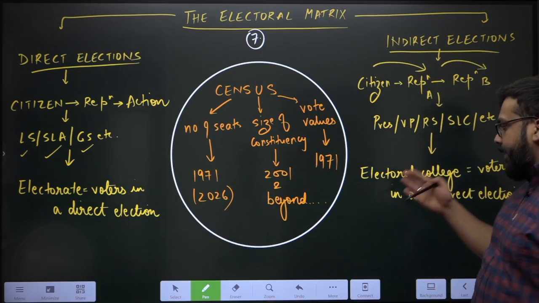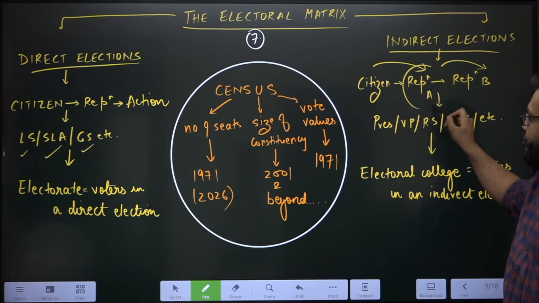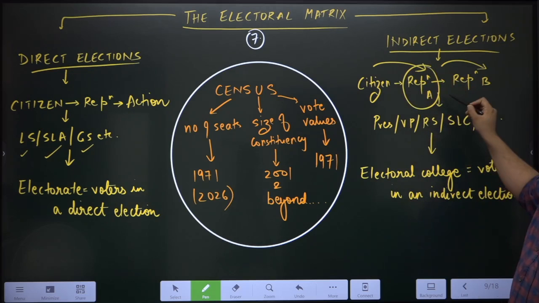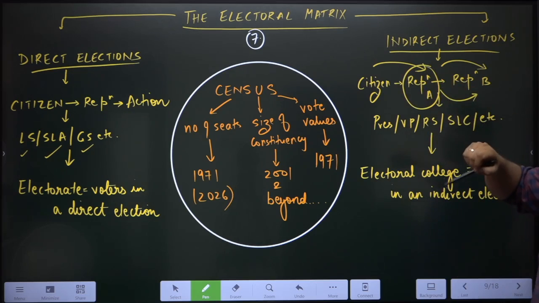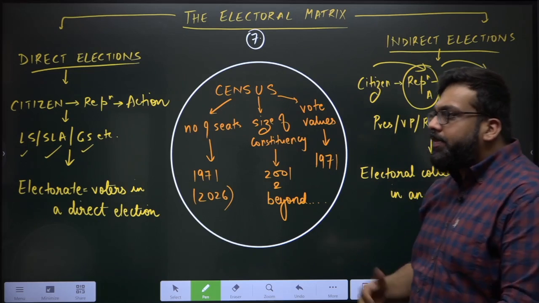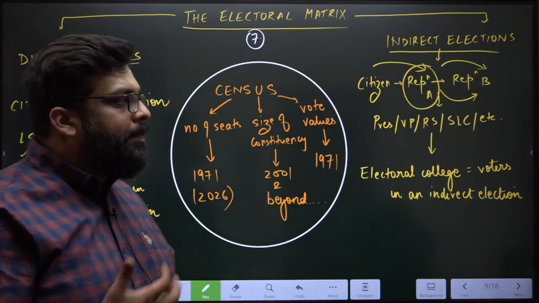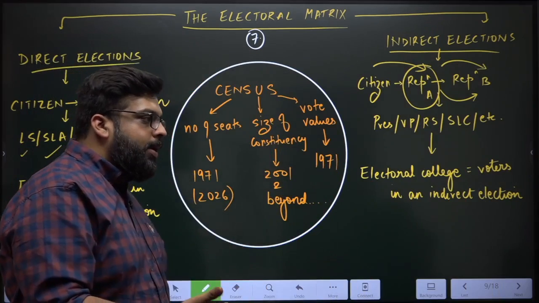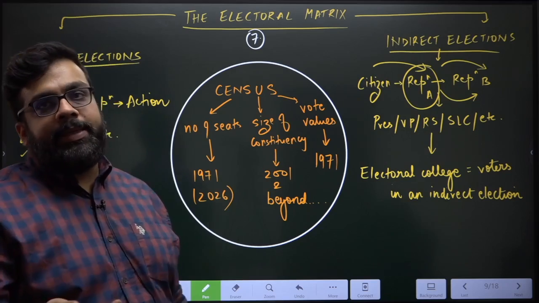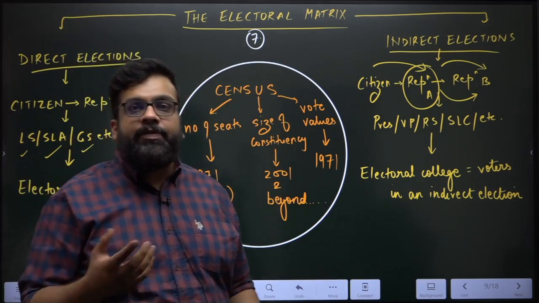Now, an electoral college is basically choosing the representatives who will then participate in the election to representative B or of representative B. And because democracy is about the law of averages and it is all about representation of public will, putting a number to that makes a lot of sense, without which democracy would seem a farce.